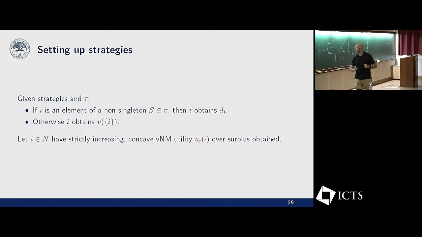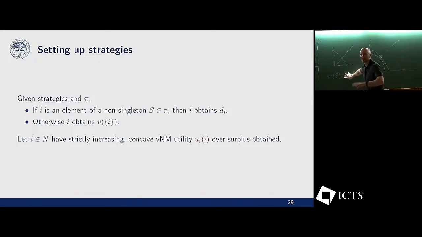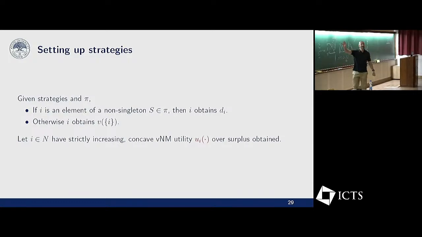Because we can get our demand, we have this satisfied, whatever we're asking for. Otherwise, we're not part of a non-singleton, we're just on our own. We just get what we can make on our own. Okay, and we have the amount we can get, our demand D.